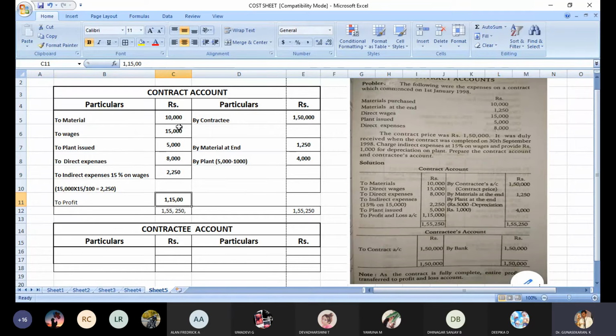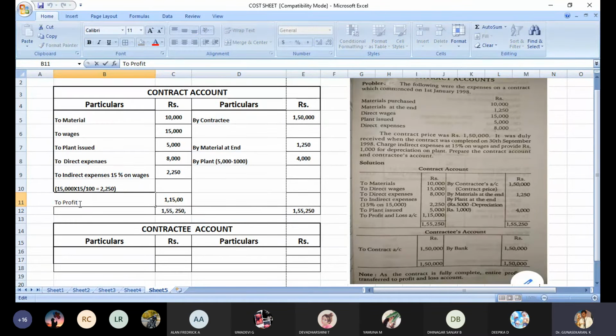So now, okay. If you are not understanding, please ask me. So the debit side value is 1,15,000. This 1,15,000 is actually the total that goes to the profit and loss account. It is either profit or loss.